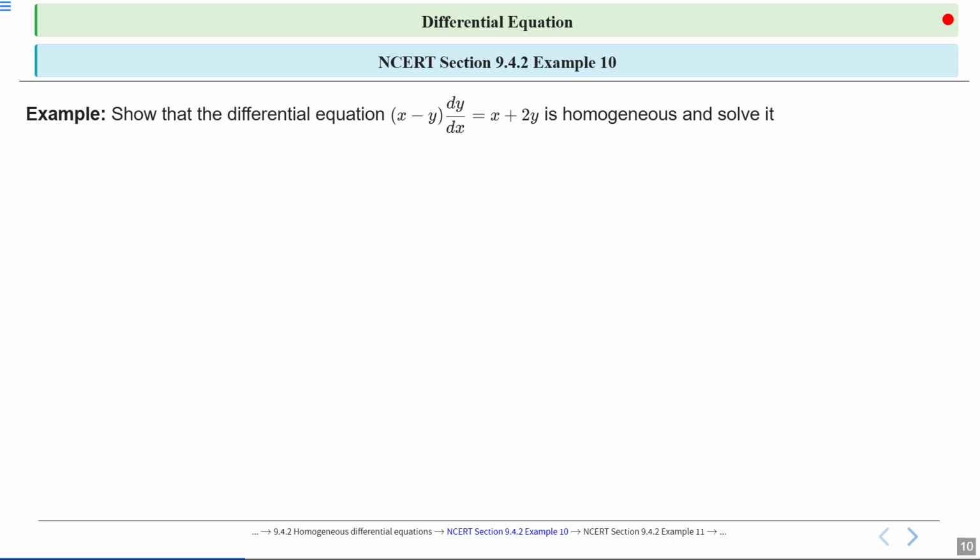Then we solve it by using an appropriate substitution according to dy by dx and dx by dy, and apply the variable separable method to find the general solution of the given differential equation.